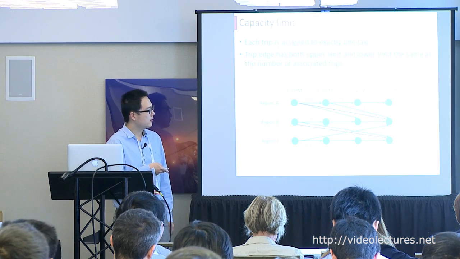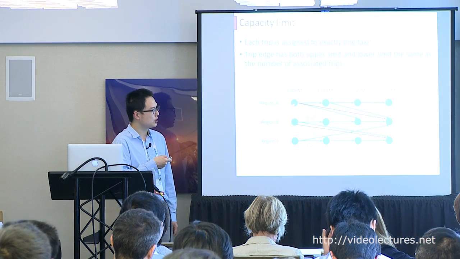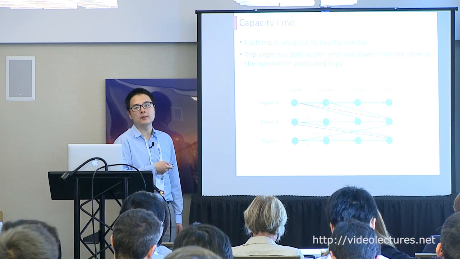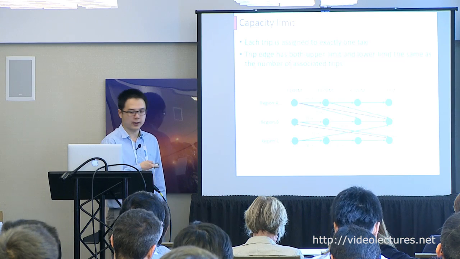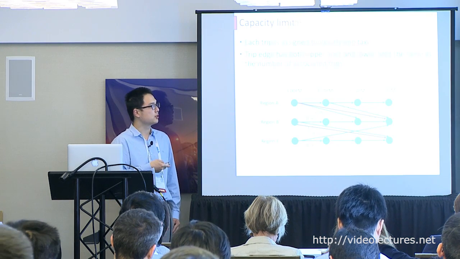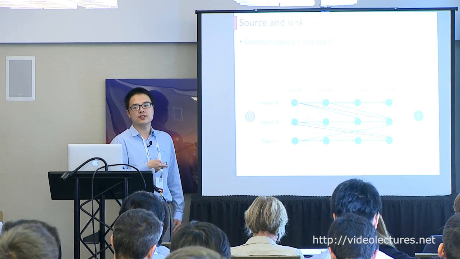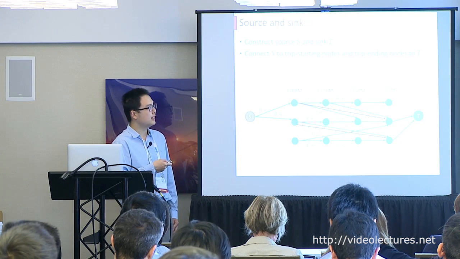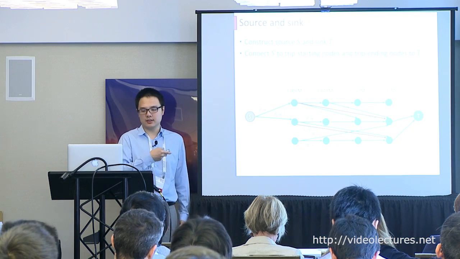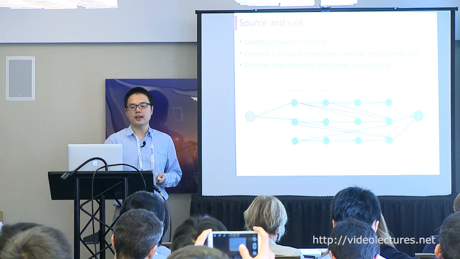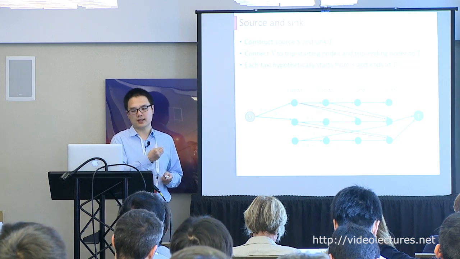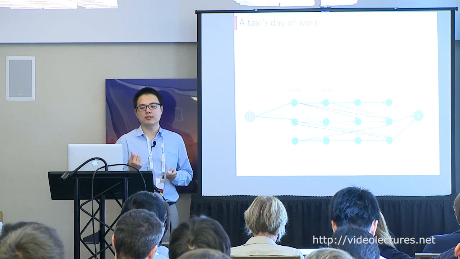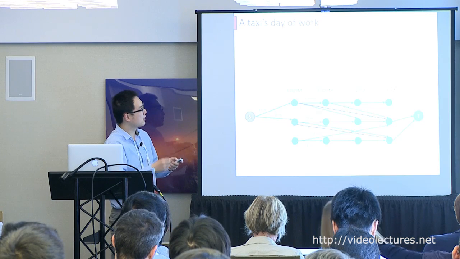For instance, if there are two trips starting in region A at 3 p.m. and ending in region B at 3:03 p.m., both the upper limit and lower limit of that edge should be 2. Okay. Now to finish the construction, we add a source node S and sink node T. Then we connect S to trip starting nodes and from trip ending nodes to T. Now, with this construction, each taxi hypothetically starts from node S and ends at node T. In other words, we can depict a taxi's day of work using a particle flow.